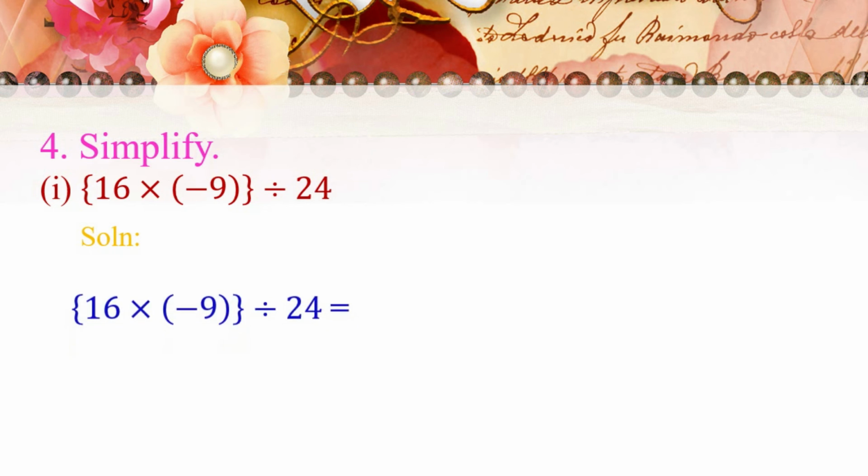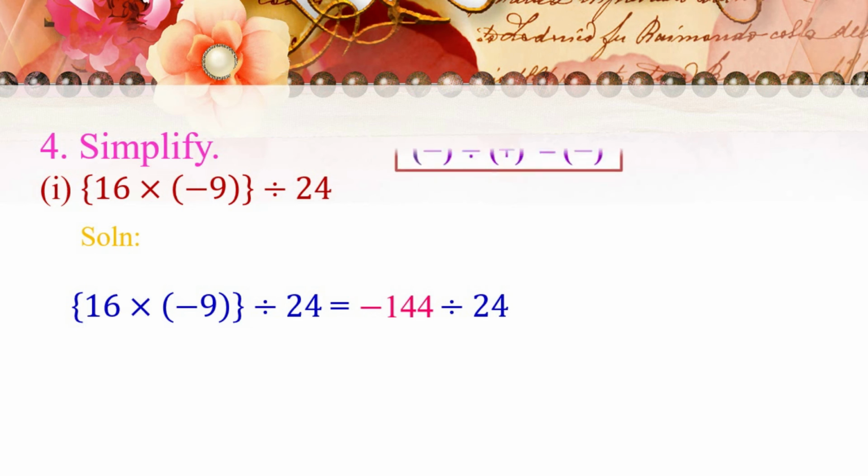Let's see the fourth problem. Simplify. First one, 16 into minus 9 divided by 24. Let us find the solution. 16 and minus 9 are grouped. First we have to solve inside the bracket. 16 into minus 9, we get minus 144, divided by the remaining 24.